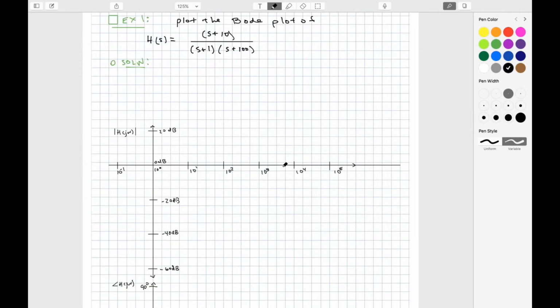As an example, let's plot the Bode plot of this transfer function. H of s is equal to s plus 10 over s plus 1, s plus 100. So let's start first by finding k. And I'm going to denote this in red so that I'm able to distinguish each step.